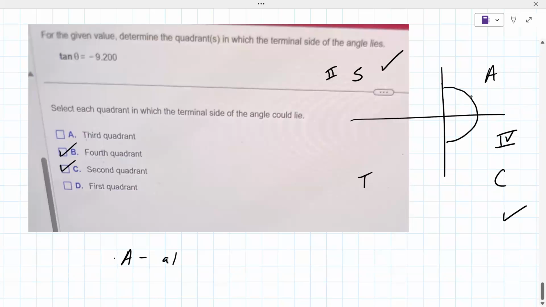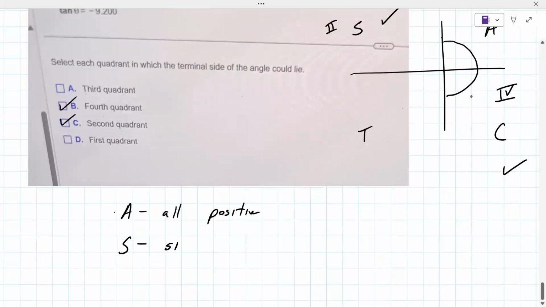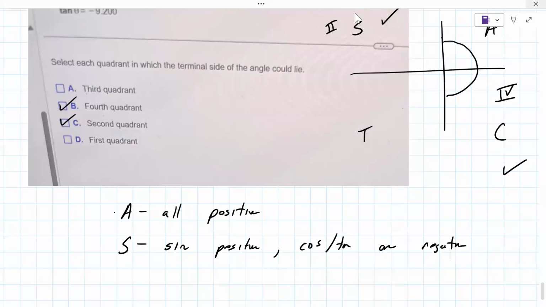Yeah. So A means all positive. S means that sine is positive, but what that also means, and it's like a light switch, is that cosine and tangent are negative. So the letter tells you the one that's positive. And then sine and cosine are really the other ones, from tangent kind of.